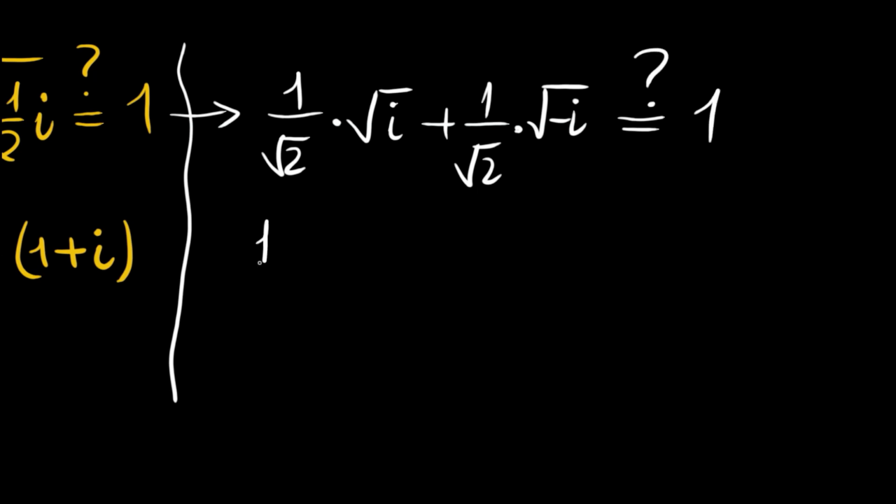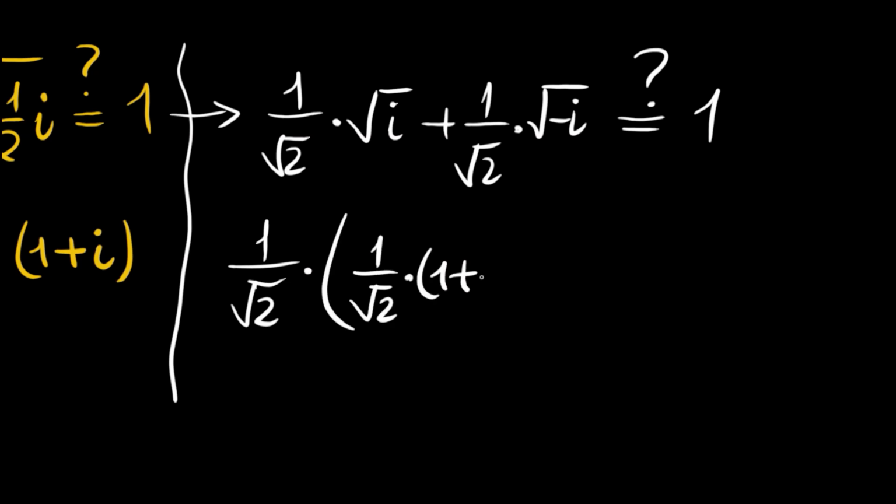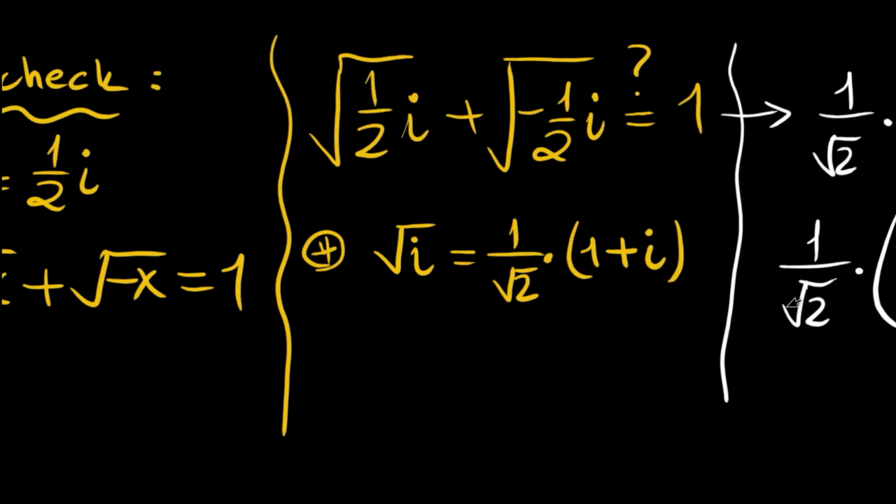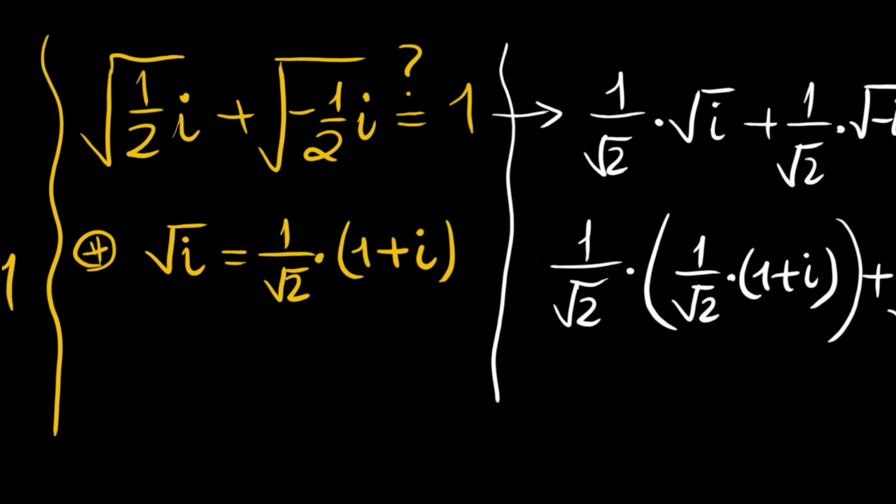Now this is 1 over root 2 times 1 over root 2 times 1 plus i, and this part again 1 over root 2 times 1 over root 2 times 1 minus i. Let me write that also. So here the square root of negative i is equal to 1 over root 2 times 1 minus i.